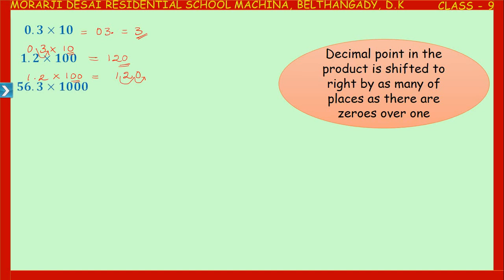56.3 into 1000. Write 563. Same digits in the answer. Here 563 is there, so write the same digits in the answer. Now move the decimal point. Now the point is here. How many steps do you have to move? 1, 2, 3 steps.